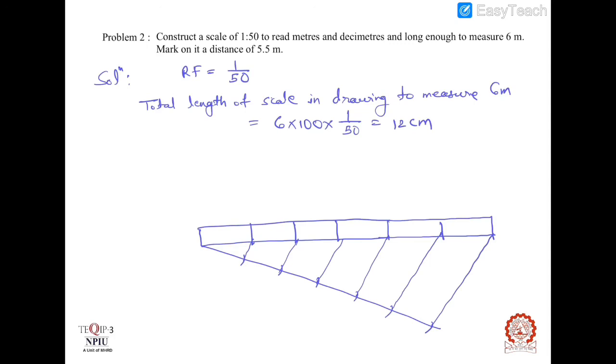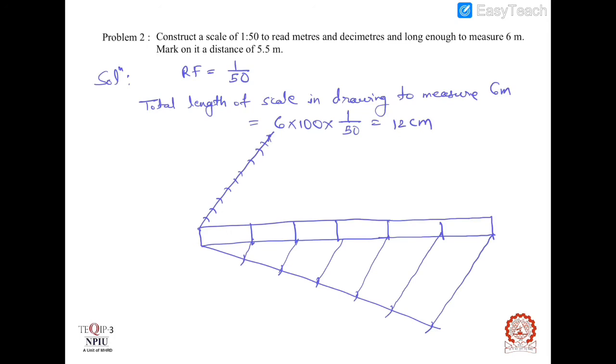Now the first division you have to divide into 10 number of equal parts, because 1 meter is equal to 10 decimeters, so that this division will represent meter and here each division will represent decimeter. So again take radius and cut arc here, 2, 3, 4, 5, 6, 7, 8, 9 and 10.